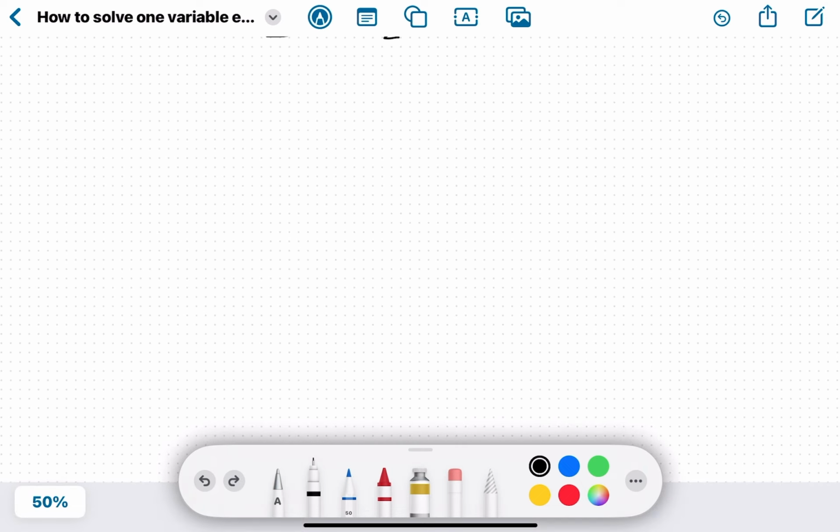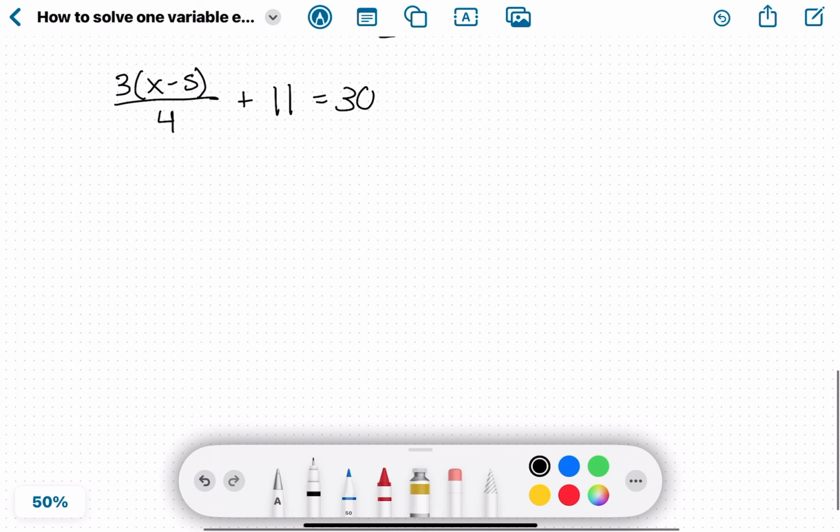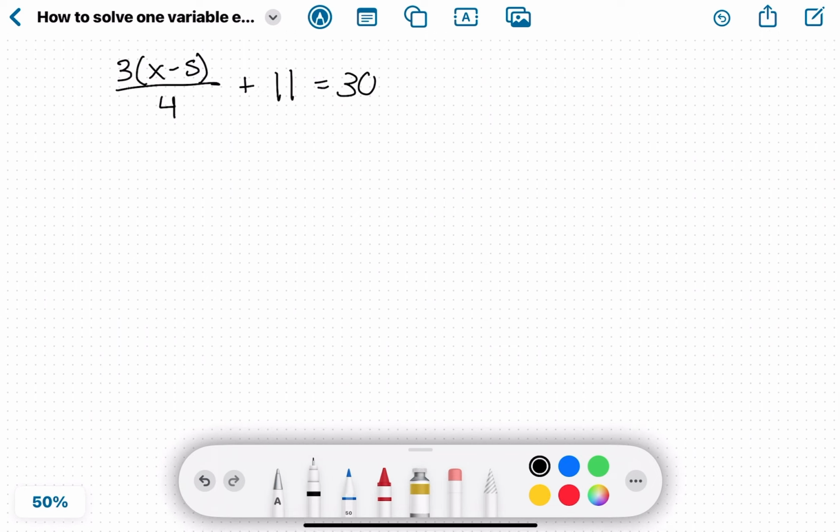Okay. 3 times x minus 5 over 4 plus 11 equals 30. So one added step. Pause the video, try to do it yourself, and I will start doing it now.